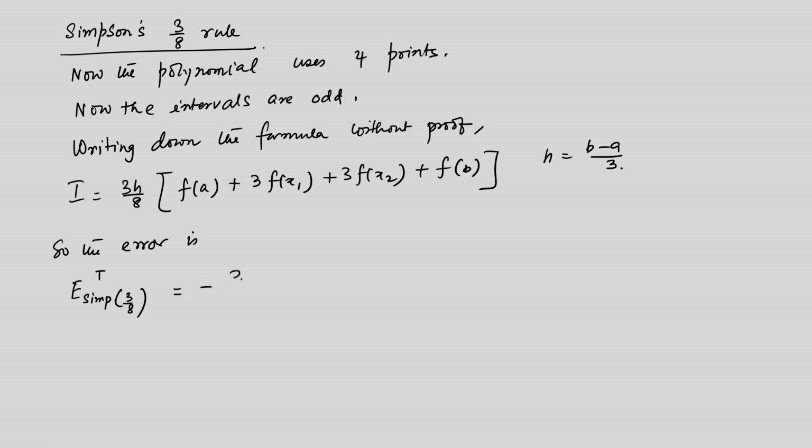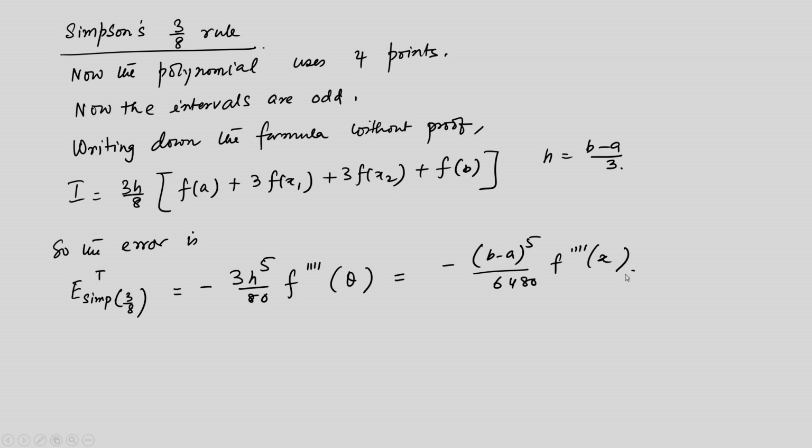This is equal to minus 3 h to the power 5 over 80, times the fourth derivative of f at theta, that theta we were talking about between a and b. If we convert everything into h, it becomes minus b minus a whole to the power 5 over 6480, times the fourth derivative.